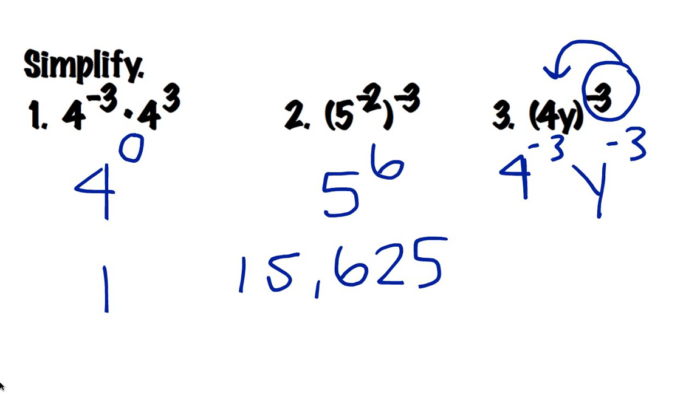So using the property that I just learned, I'm going to need to take the reciprocal of anything that's being raised to a negative power. The reciprocal of 4 over 1 is 1/4. When I take that reciprocal, my exponent becomes positive. I'm going to do the same with y. Take the reciprocal of y. So I'm going to get 1 over y, and my exponent then becomes positive.